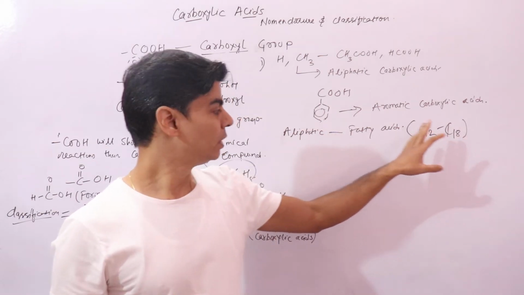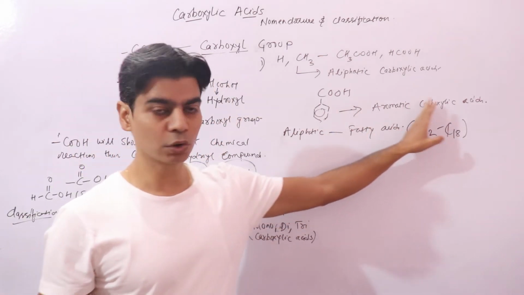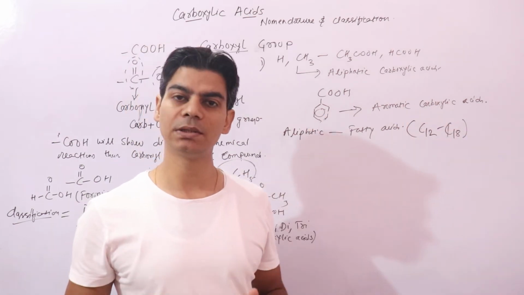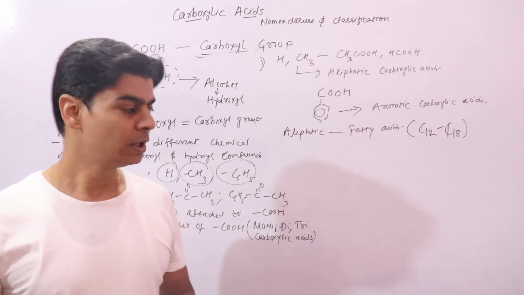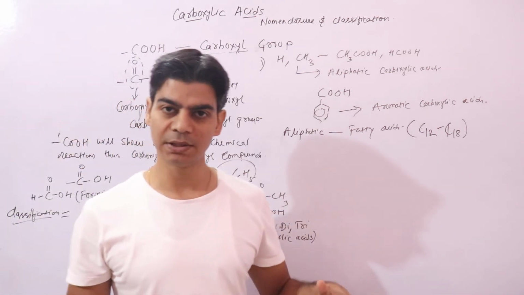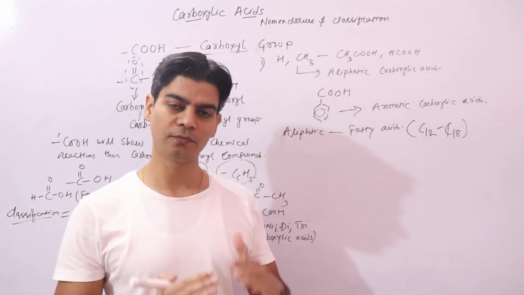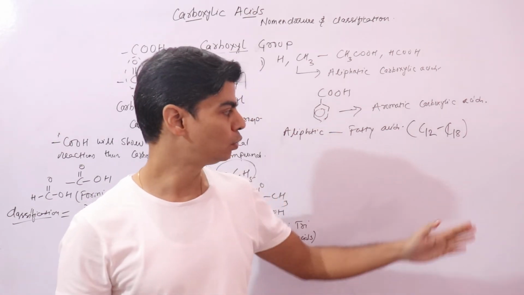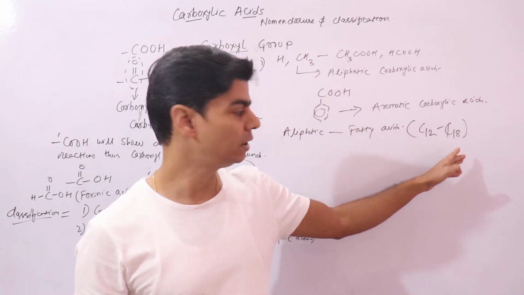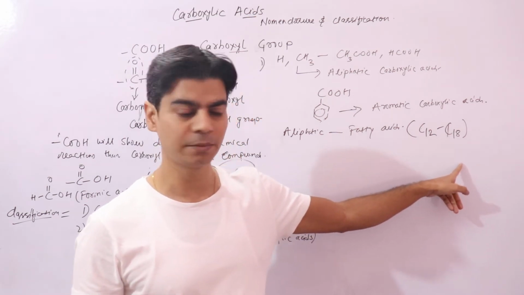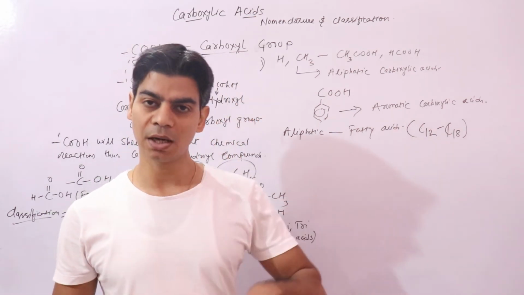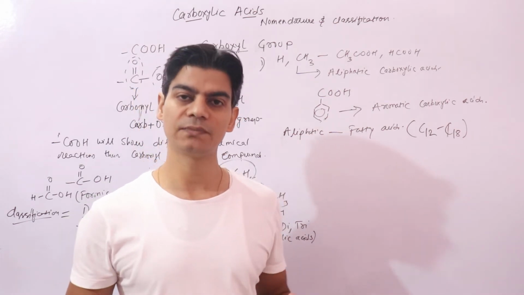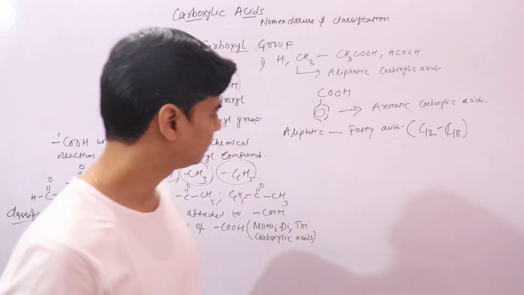The reason is that these carboxylic acids, in the form of esters, are present in natural fats. When you hydrolyze natural fats, these esters get hydrolyzed to the corresponding carboxylic acids containing 12 to 18 carbon atoms. So these are obtained by hydrolysis of fats. That is why we call these fatty acids.